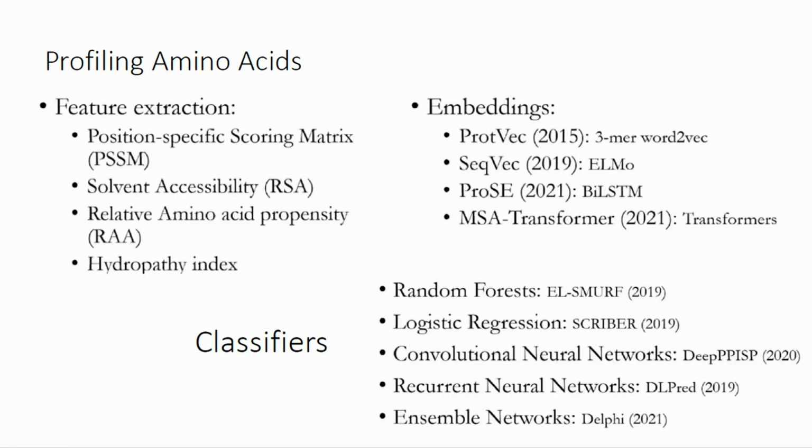So again, earlier in the days, there aren't a lot of good structure predictors, so we have to rely on sequence. And so there are different bioinformatics or machine learning models to try to learn features, extract features and embeddings from sequence alone.